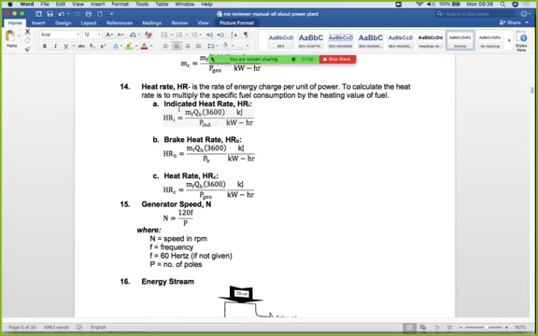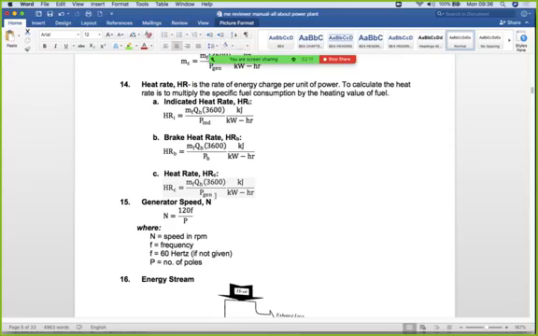You know what is indicated and brake, right? Or if what is given is only the combined heat rate, you can use generator power.